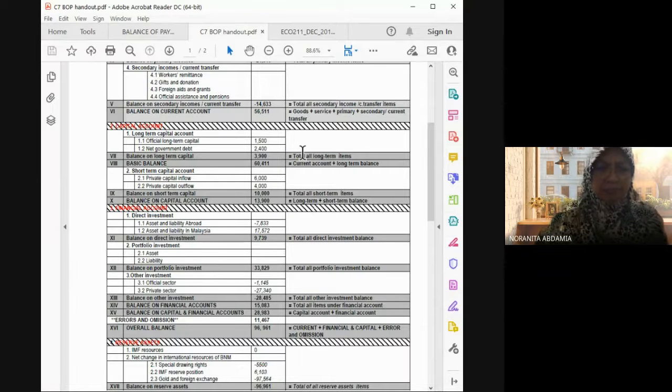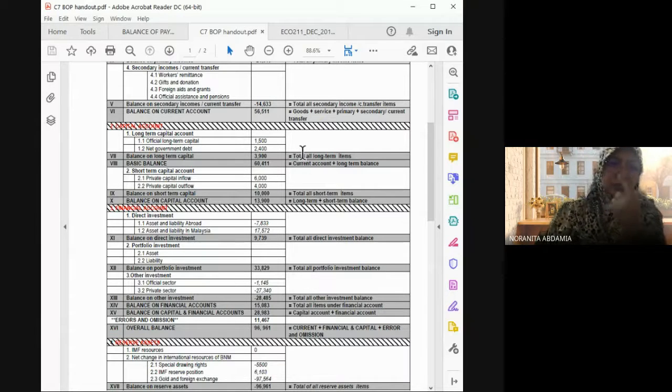But actually previously before 2014, this was split into the capital and the financial. Cuma lately ni they just refer to the financial only. But even the financial actually includes the capital. Include the capital and the financial, of course. So to be easier, I just split like this. So then you know which one is capital, which one is actually financial.